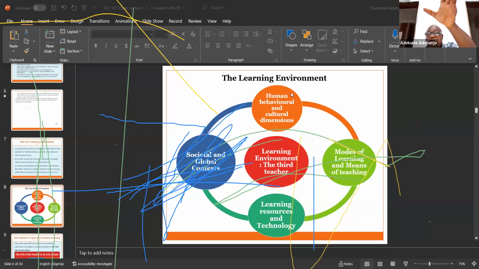Because of location and space, wherever you are, you have to travel down and they vacate the hostel for you. The dual mode is operated through university-based education. That is open and distance learning and conventional learning.